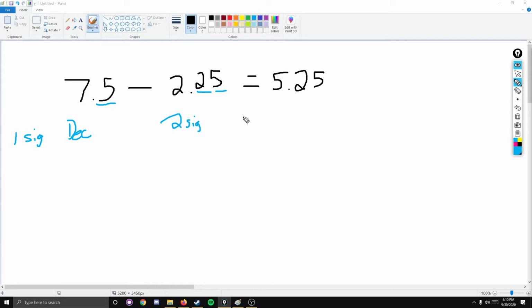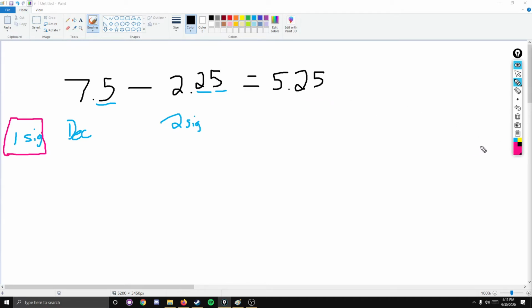So, for my answer, I have to take the least amount of sig figs that were given to me in the problem. In this case, we are only given 1 sig fig, because a 1 is less than 2.